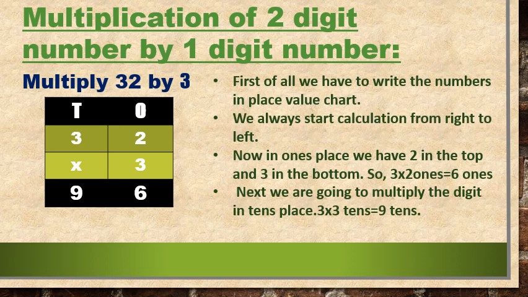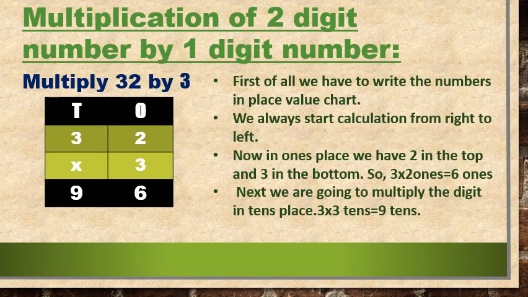Next, we are going to multiply the digit in tens place. That is 3 over here, right? So 3 into 3 tens equal to 9 tens. And we are going to write this 9 tens in tens column. Clear, girls?